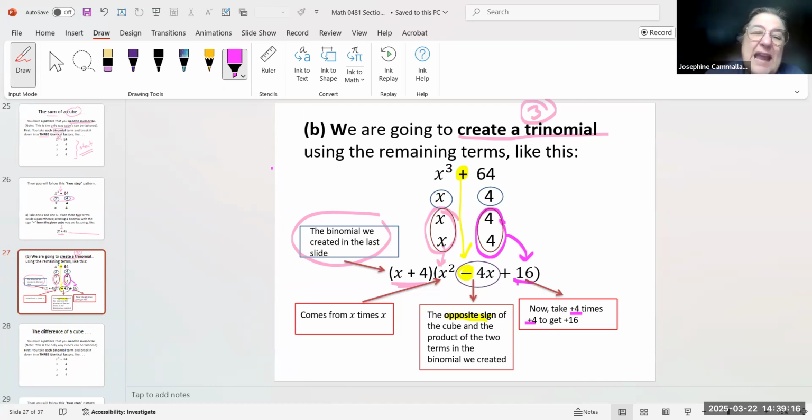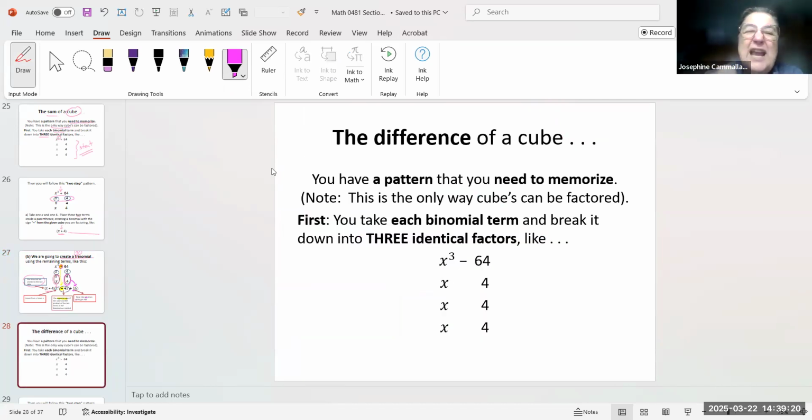Now, this is when I have a plus. Well, let's look at the difference. Notice what I have in the middle? I have a minus sign. So technically, I'm taking out negative 4 times negative 4 times negative 4, which gives me negative 64. But I still have 3 identical factors.